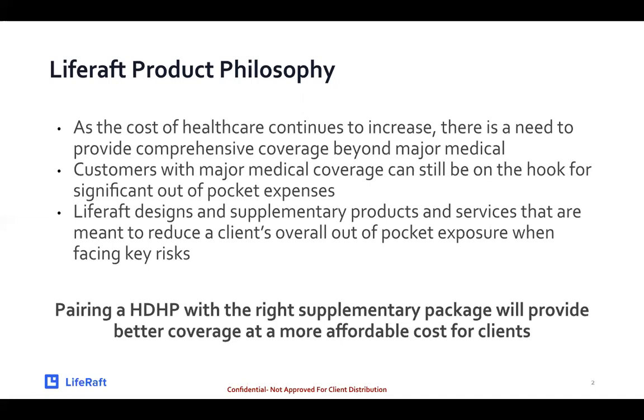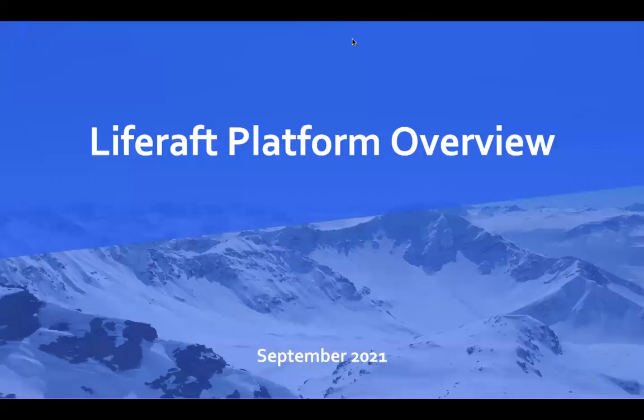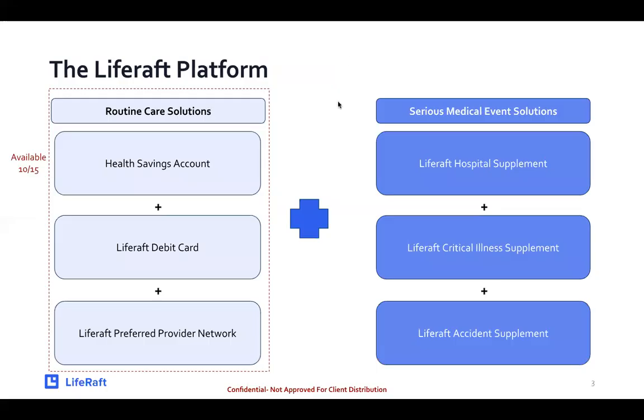As we start to look at case studies and look at bronze and silver and gold level plans, after running the numbers, it's become really clear that you can pair a bronze or a high deductible health plan with the right supplementary package alongside it. And what's going to happen is you're giving your client a more affordable monthly option, right? But you're also able to really help reduce some of the key financial risk that's underlying.